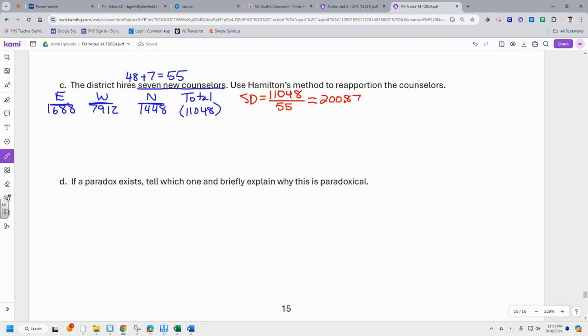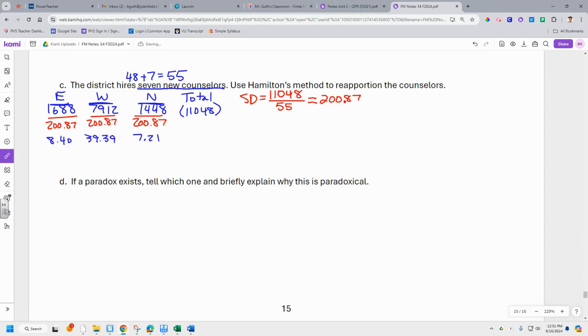Standard divisor is 200.87, or 200.87 people per counselor. We're going to divide by that. This is Hamilton's method, after all. Doing that division gets me 8.40, 39.39, 7.21.